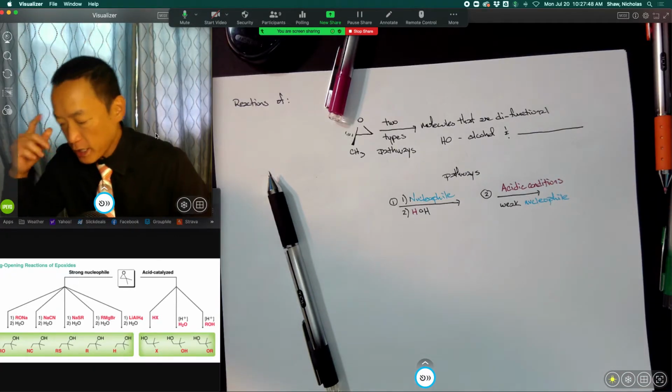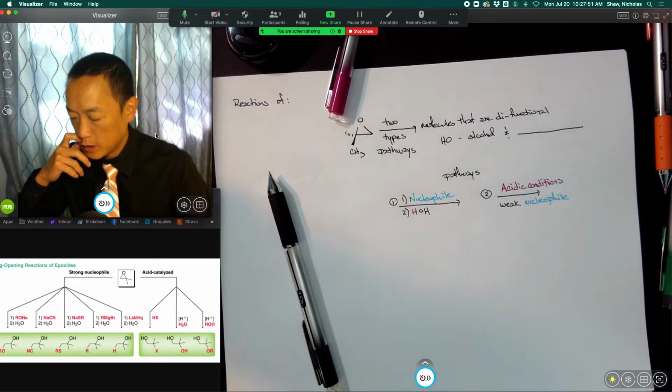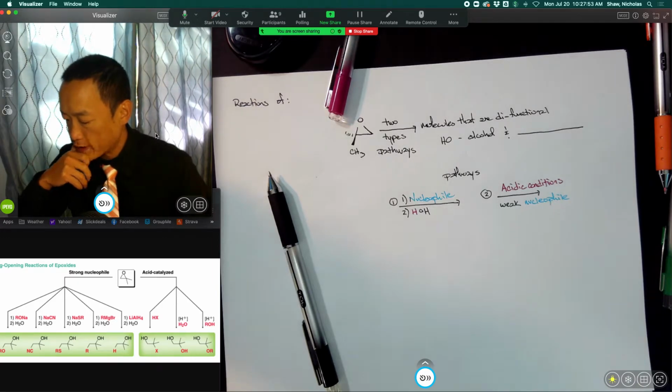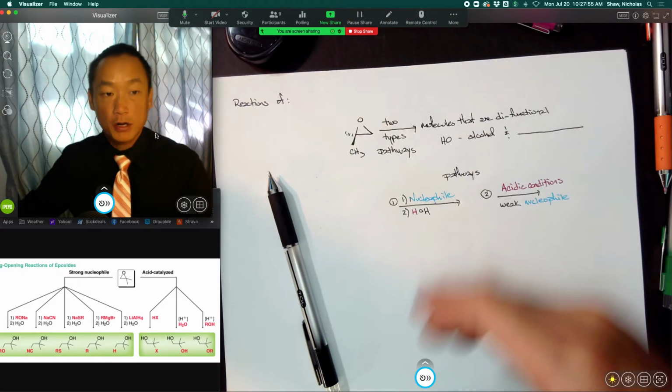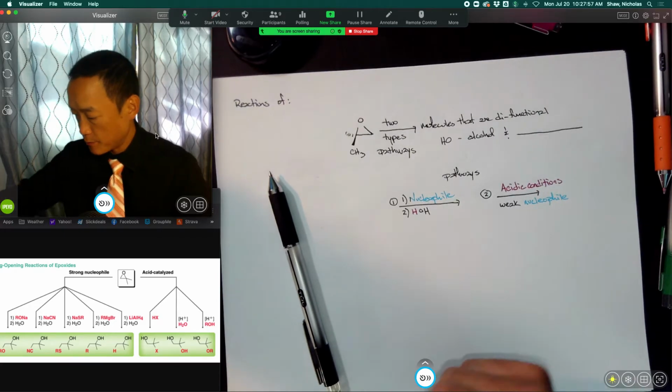So if we're splitting up all of these reactions into two really different ways, then can we talk about the regiochemistry and stereochemistry that results?